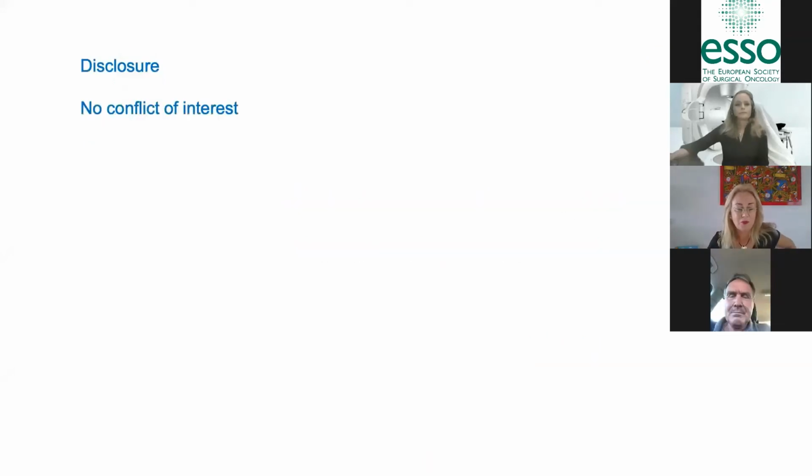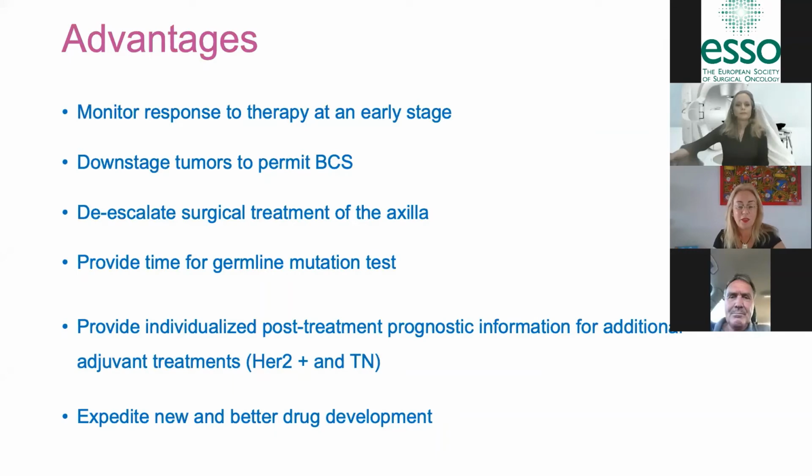I have no conflict of interest, and this is just a little review of the advantages of the neoadjuvant treatments. We can monitor the response to therapy at an early stage. We can downstage the tumors, not only to preserve the breast, but also to de-escalate the treatment of the axilla.